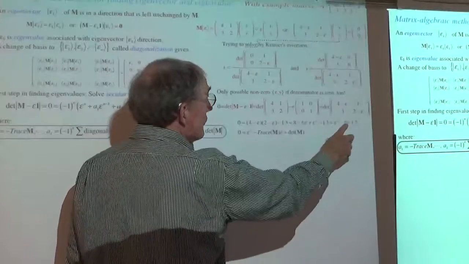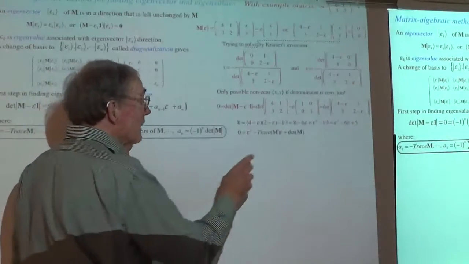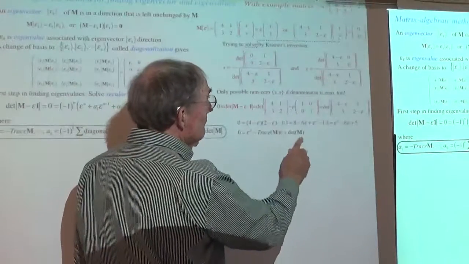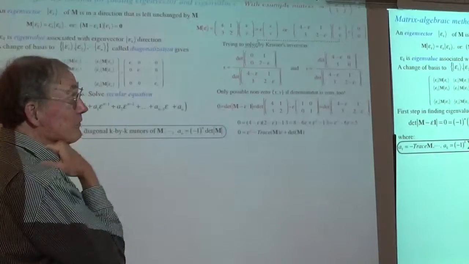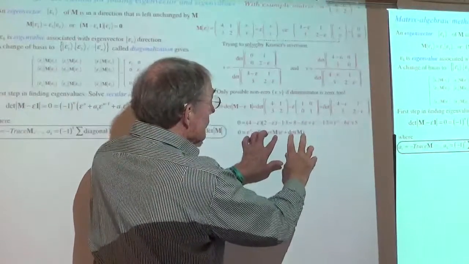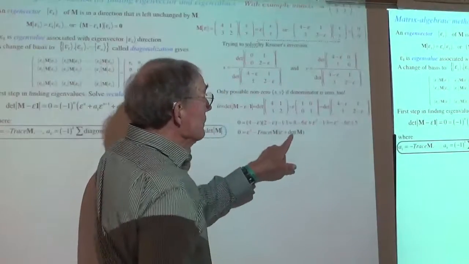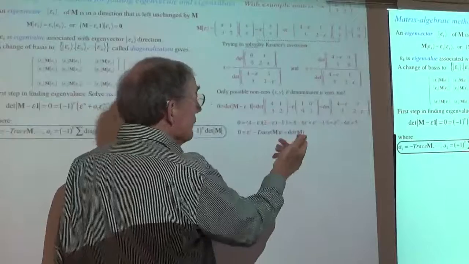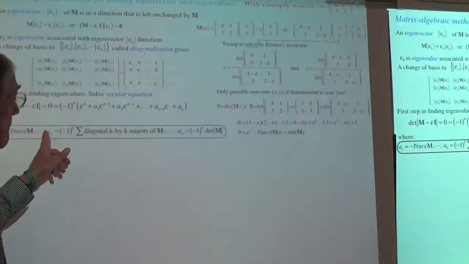So that's the 6 right here, by more laborious algebra. And then the constant term in the polynomial is always the determinant. This is true for any matrix. The first one and the last one are things that we know and love, trace and determinant. In between are sums of diagonal minors.